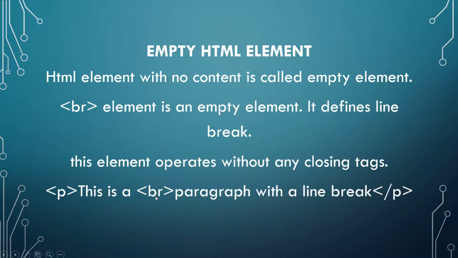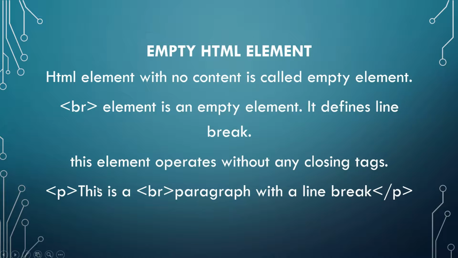When you write this in a text editor and you run it, you see that from this paragraph with a line break will come down to this is a phrase. So this will come down and this will be at the top. That's the actual work of line break. It breaks the line and brings it to the next paragraph.